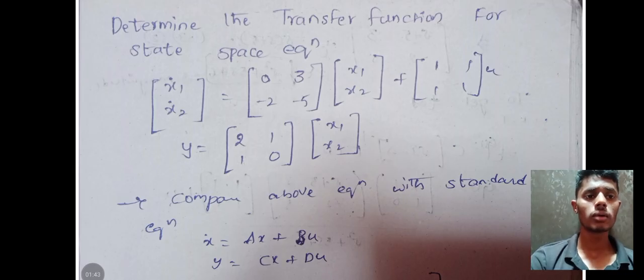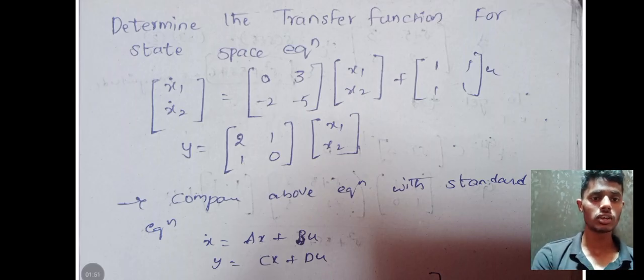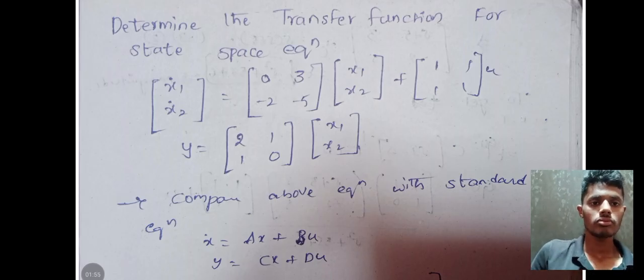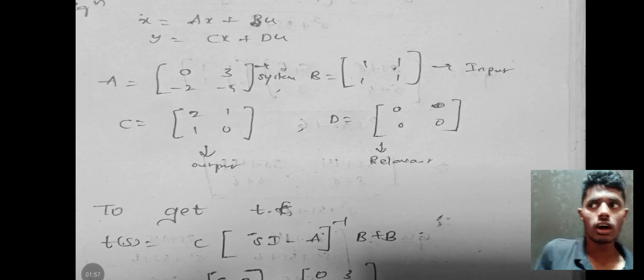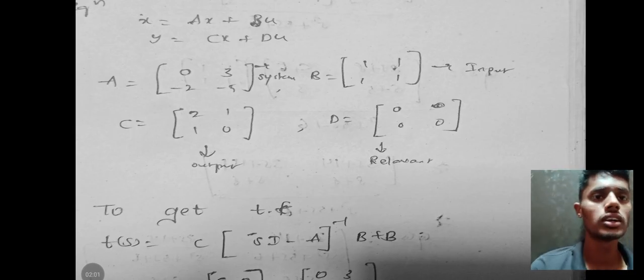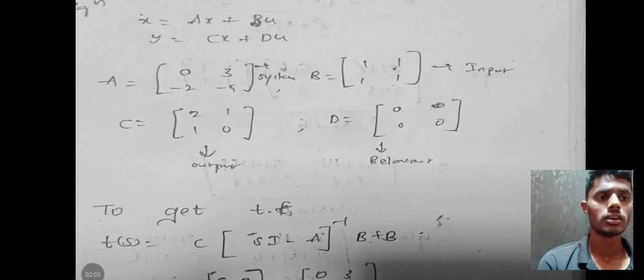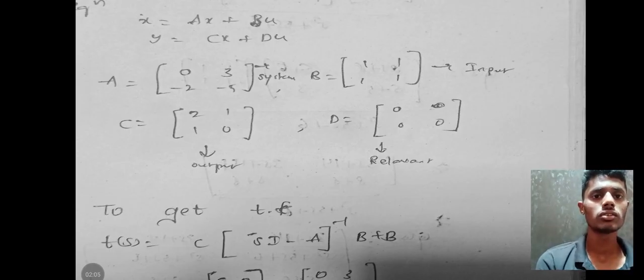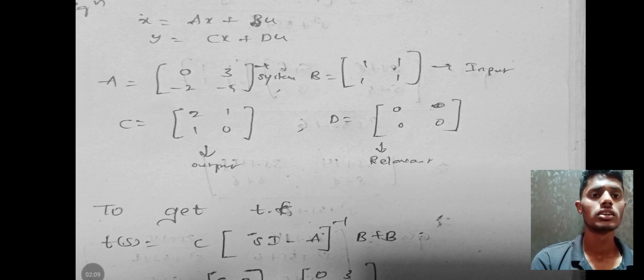If we compare this equation with the state space equations, x dot is equal to Ax plus Bu and y is equal to Cx plus Du, we can get the values of A, B, C and D. A is equal to 0 3 minus 2 minus 5, this is the system matrix.